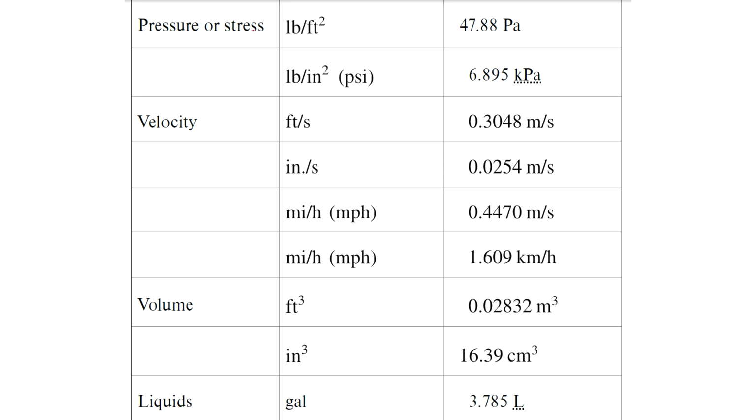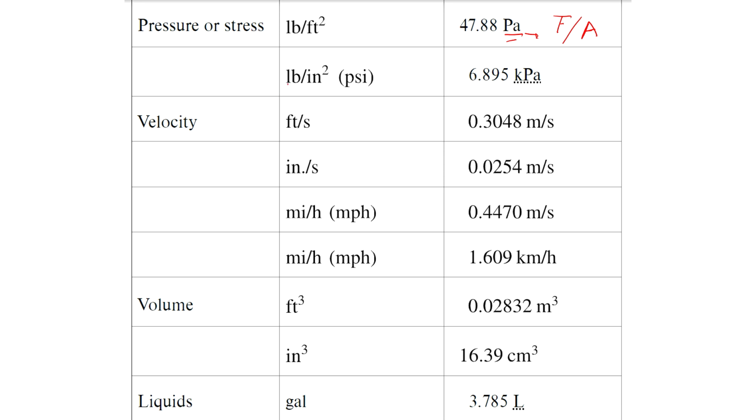So stress, which we'll see, stress and strain, we'll talk about them later because this has to do with the deformation in a body, in a system, has the same units of pressure. And pressure has units of pascals, which is the same as a force applied on an area. And a force is newtons, and an area is length squared.